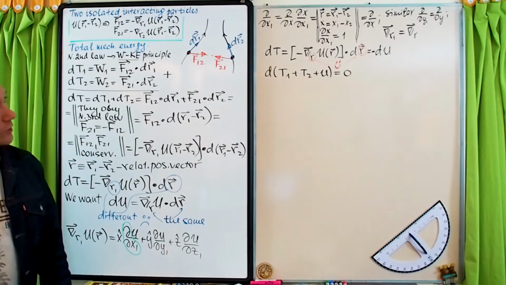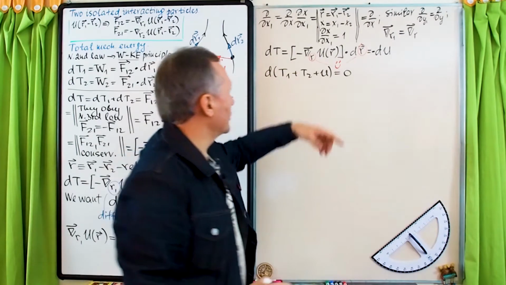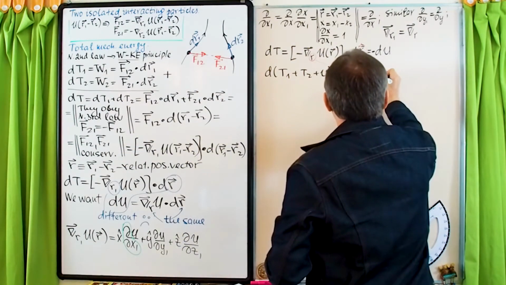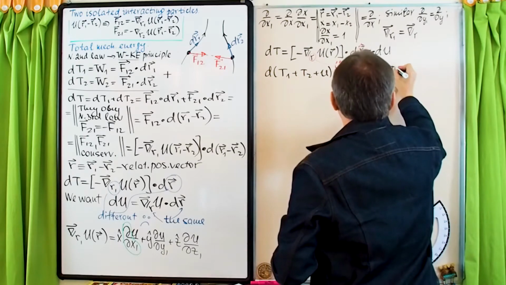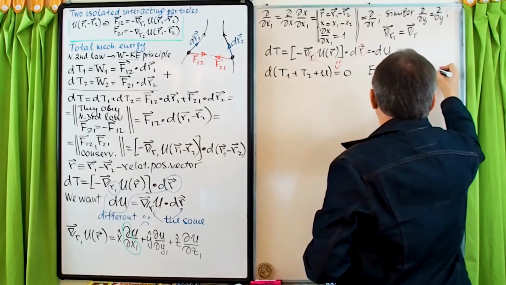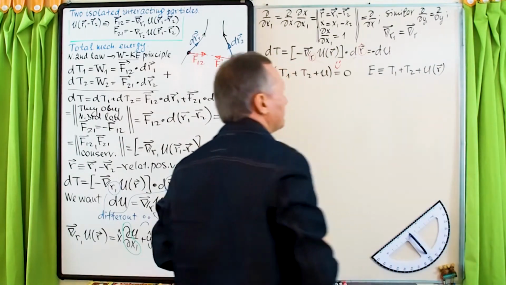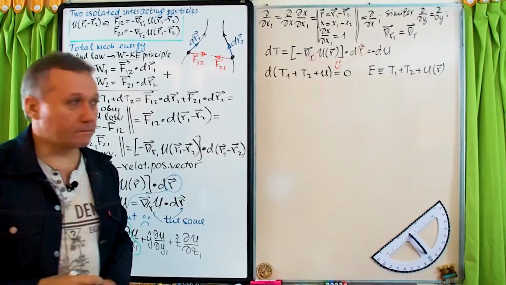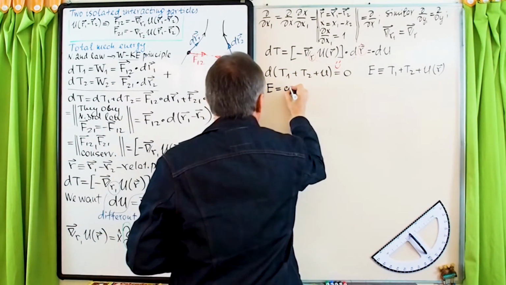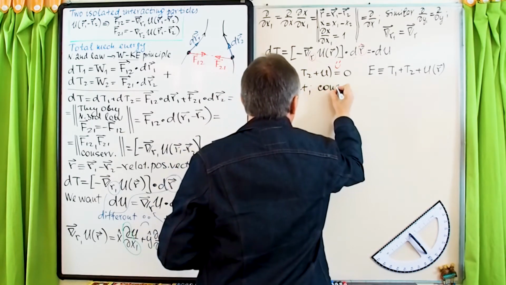So this quantity, it looks like, is conserved: T1 plus T2 plus U. Of course, we are going to give it the name total mechanical energy. Of course, it's a function of r, and E is constant. Yeah, conservation of mechanical energy.